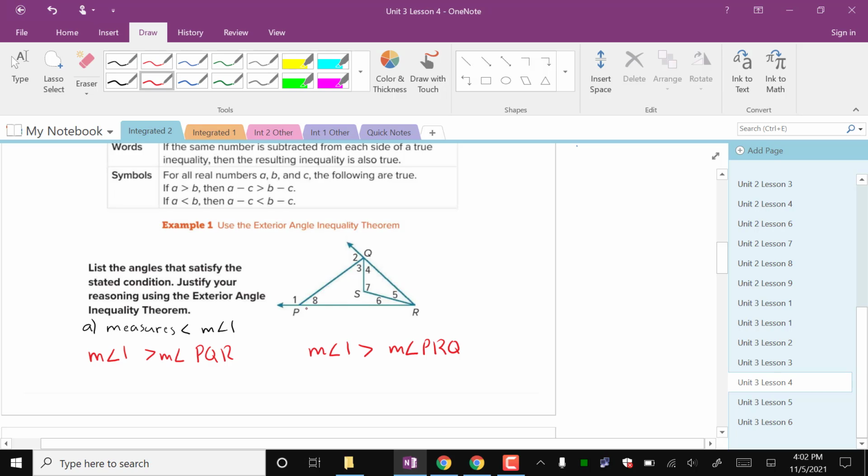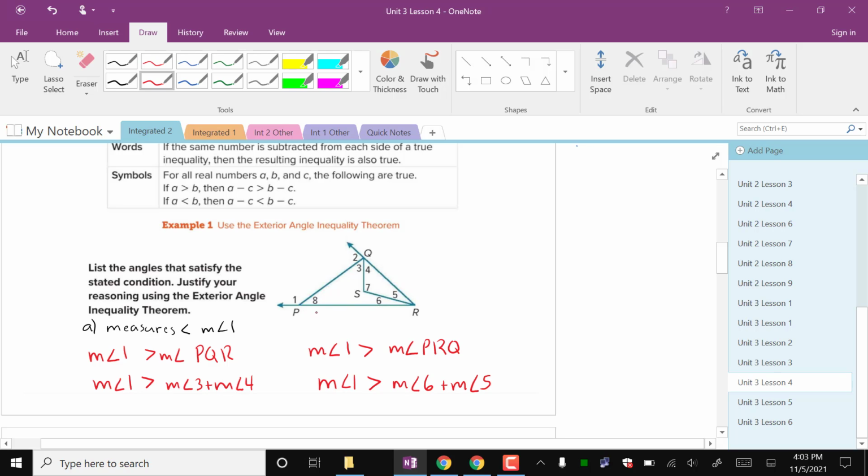Well, PQR is 3 and 4. So that means that the measure of angle 1 is greater than the measure of angle 3 plus the measure of angle 4. And PRQ, so that also means that the measure of angle 1 is greater than the measure of angle 6 plus the measure of angle 5.